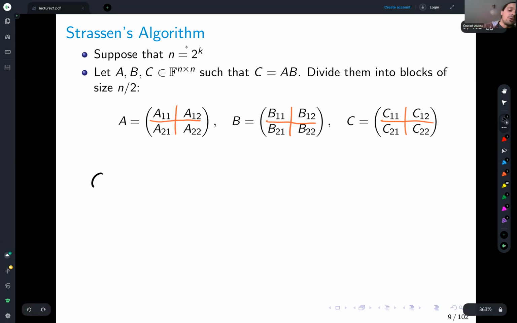Like if I look at C11, it is A11 B11 plus A12 B21.